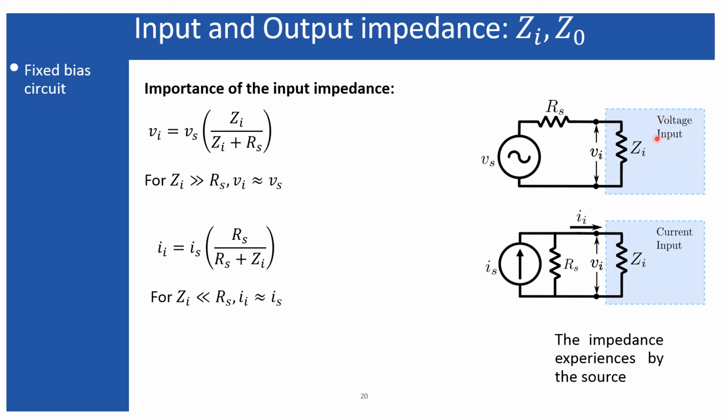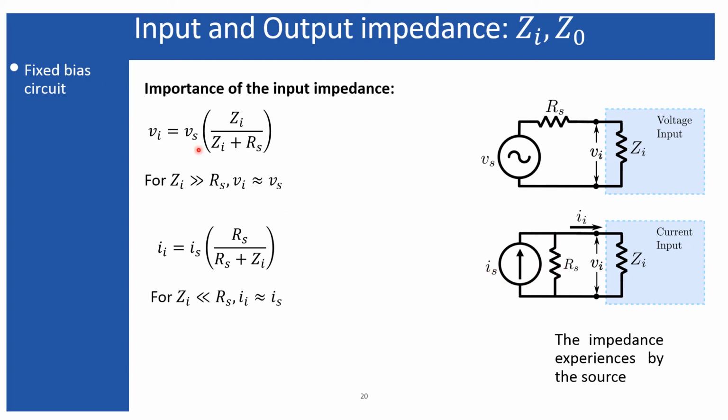And in this case I am considering the voltage input, and next case I will consider the current input. In both of these cases the input impedance is appearing in a similar way, although the sources are appearing in a different way, because for the voltage source the source resistance appears in series with the voltage source, and for the current source the source resistance appears in parallel with the current source.